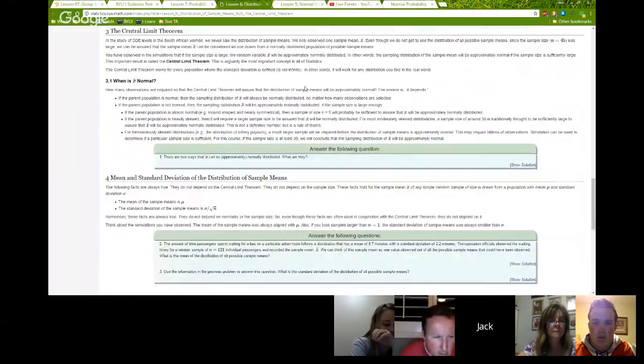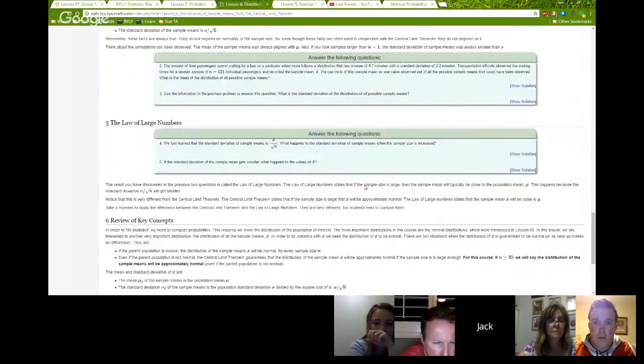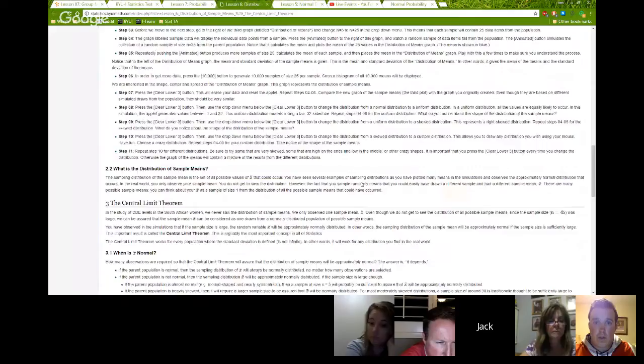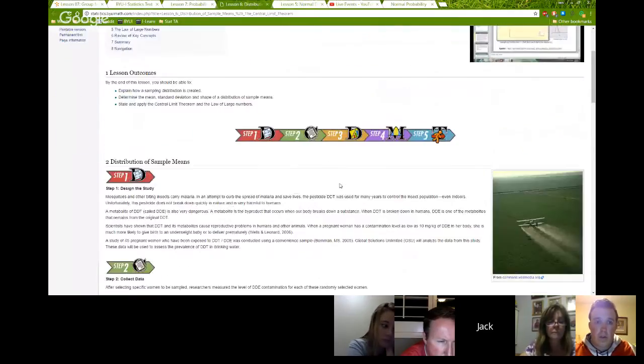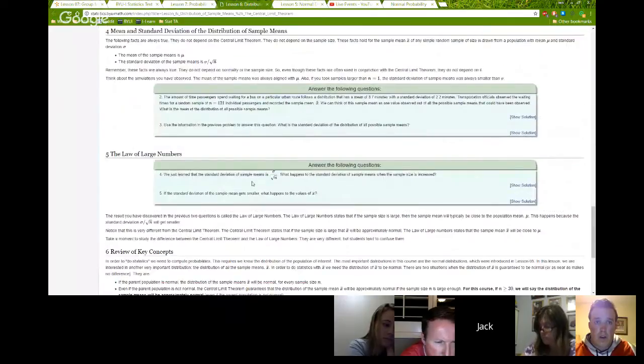Then later on, they kind of throw us a wrench. We have a sample and not just one observation. When we have more than one observation, we have a sample. We learn that the standard deviation of sample means is sigma divided by the square root of n, right?